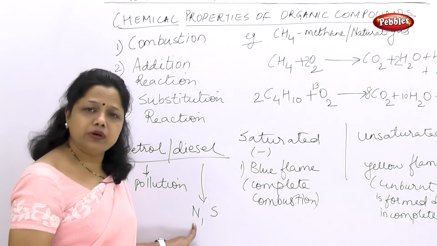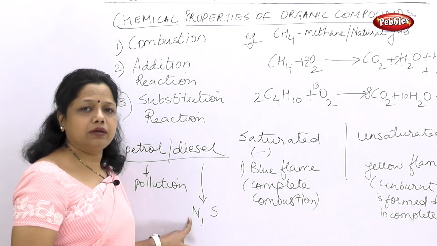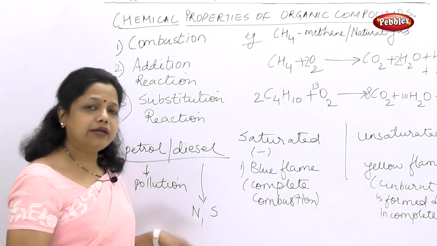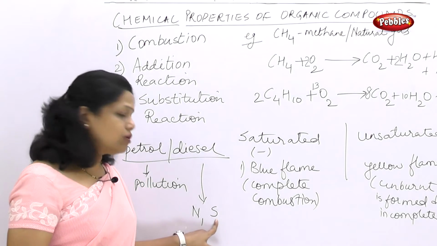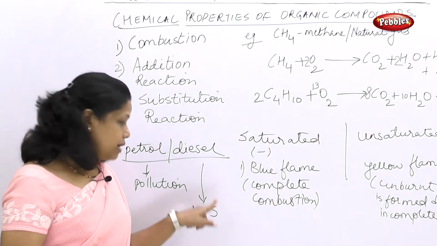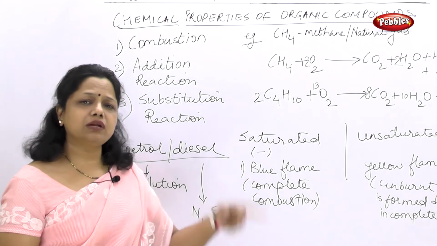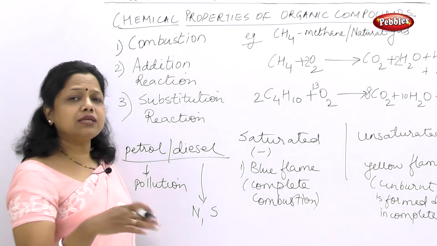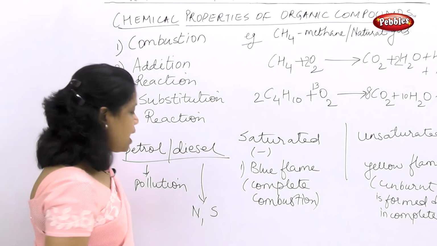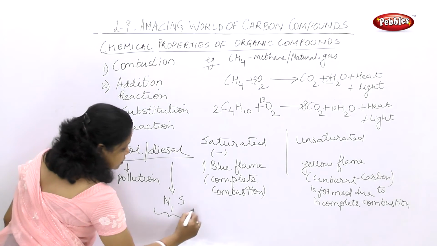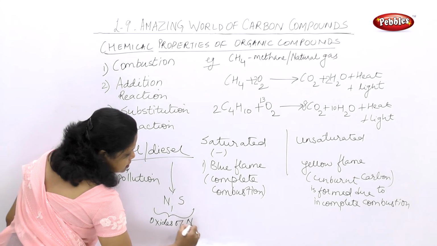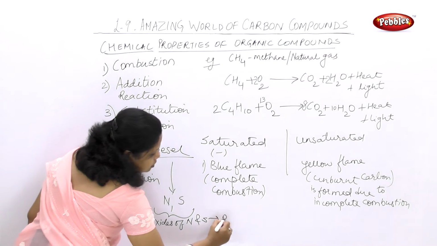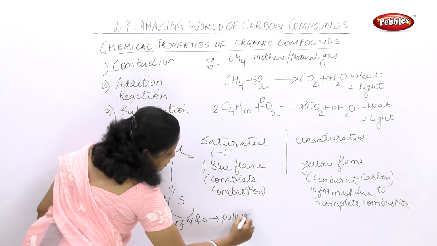When the carbon is burning, nitrogen is also burning. This nitrogen, when it burns, reacts with air forming nitrogen dioxide. Sulfur is also present in diesel and petrol, that also burns and produces sulfur dioxide. So these are added to the atmosphere as pollutants. So oxides of nitrogen and sulfur are the actual pollutants in air.